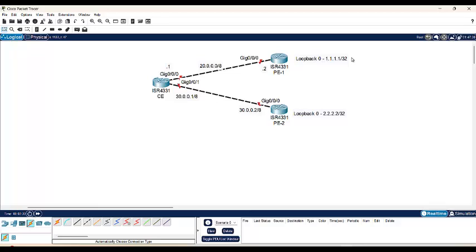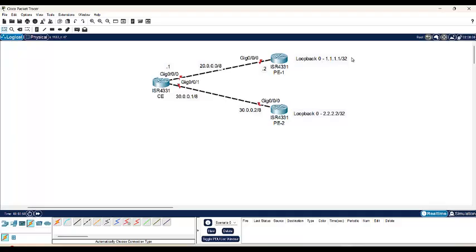Yes, sir. Okay. Sir, I don't understand. Sorry. See, a loopback interface is not a physical interface. But when you ping a physical interface, you get a response. When you ping a loopback interface IP address, you will get a response.